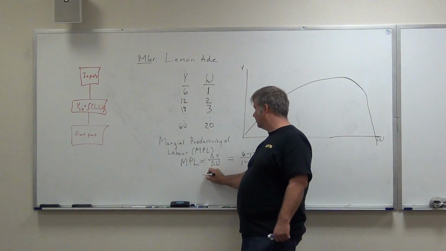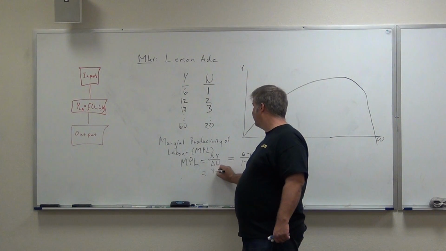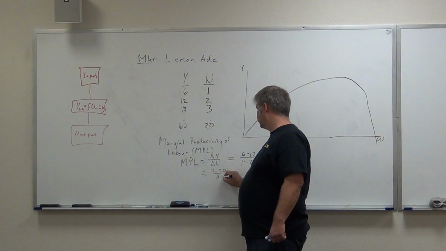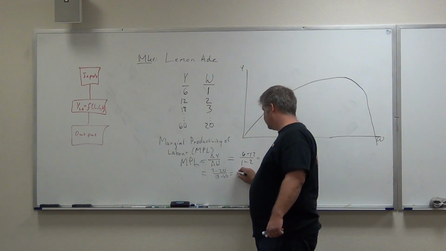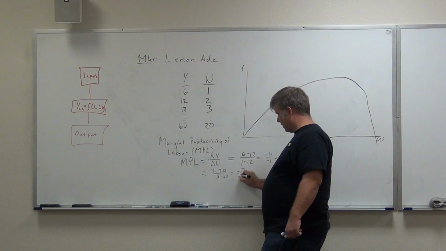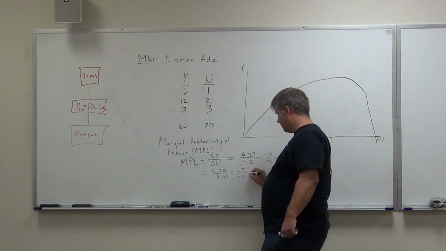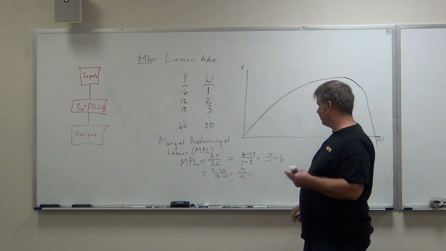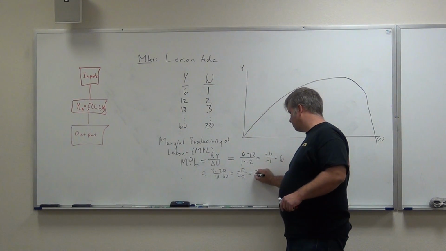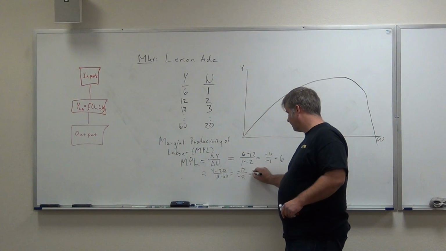So we can do this and we say, okay, it's going from 3 to 20 and from 18 to 60. So that's 42 over 17 equals, so 17, 34, 2.5 approximately.